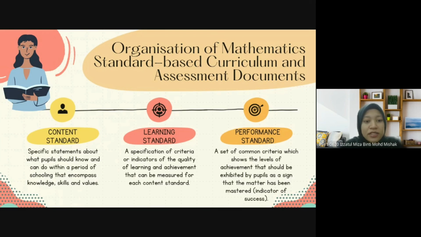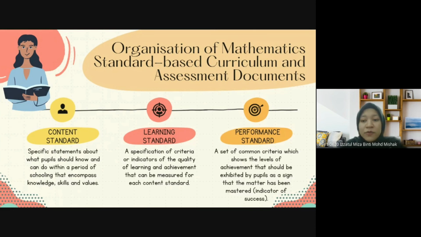The content standard is a specific statement about what pupils should know and what they can do within a period of schooling that encompasses knowledge, skills, and values. The second, the learning standard, is a specification of criteria or indicators of the quality in learning and achievement that can be measured for each content standard. So this learning standard is based on the content standard.